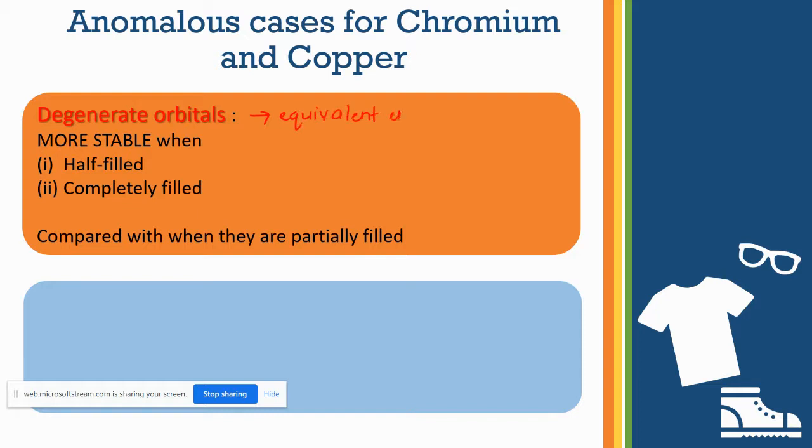When I say equivalent, it means setara, equivalent energy. And one characteristic of degenerate orbitals is the orbitals are more stable when they are half filled or completely filled compared with when they are partially filled.